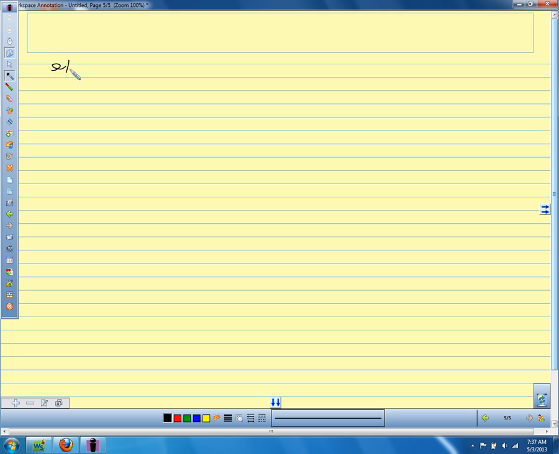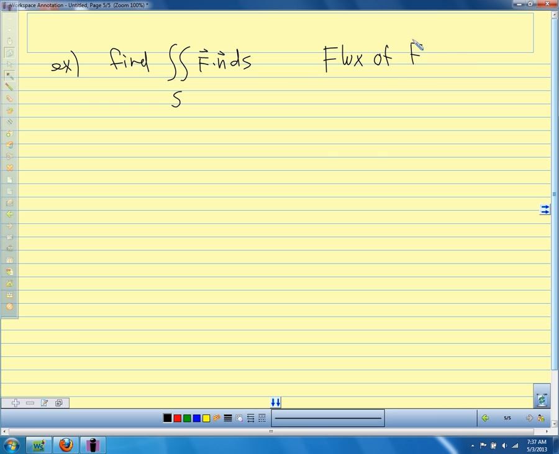So for our first example, we want to find the double integral over S of f dot n ds. Another way this problem could be asked is find the flux of f through S. So we're finding the upward flux of f through S. These two things mean the same thing.